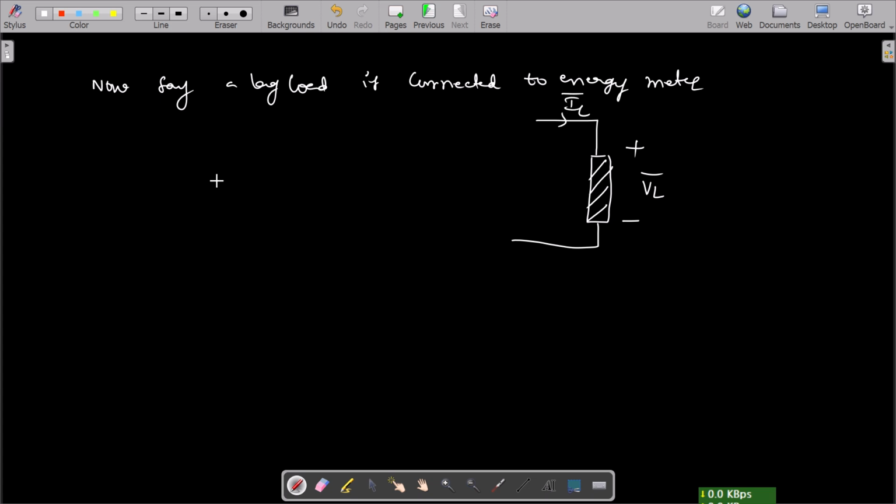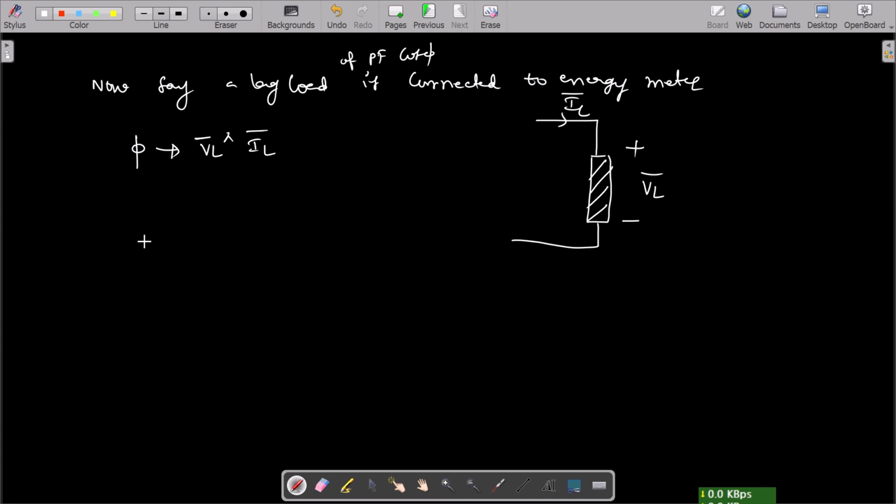So a lagging load means let us say that the power factor angle of that load is phi, which is the angle between VL bar and IL bar, the power factor angle. Lagging load of power factor cos phi. Okay, that is this angle. Same as circuit phasor analysis.